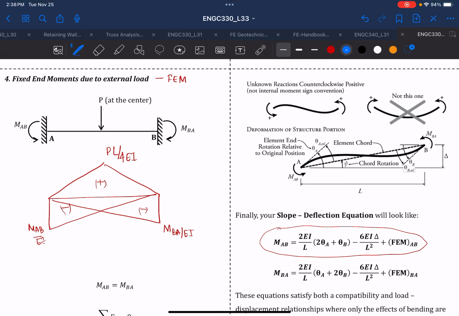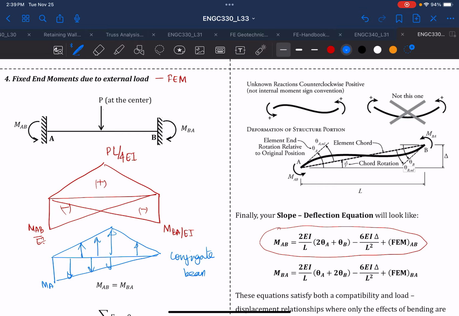And if we want to draw the conjugate beam, then we know that for the conjugate beam, both ends will be free, and the M over EI diagram will be your load distribution for the conjugate beam. Negative means downward.